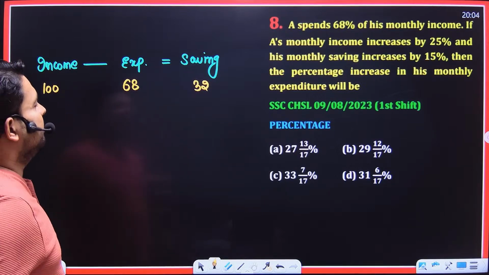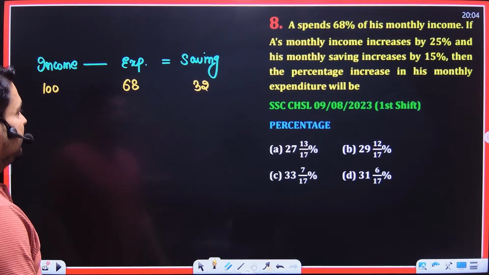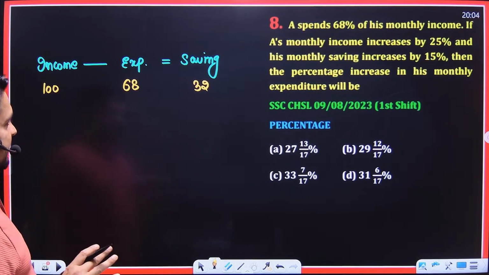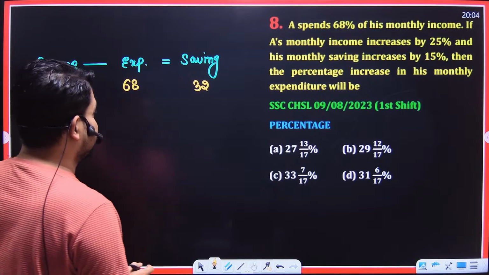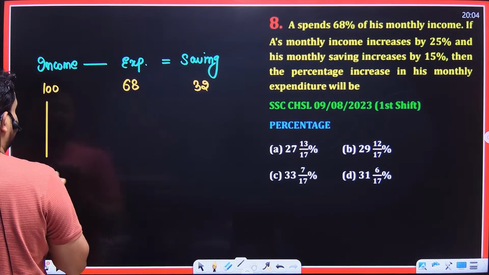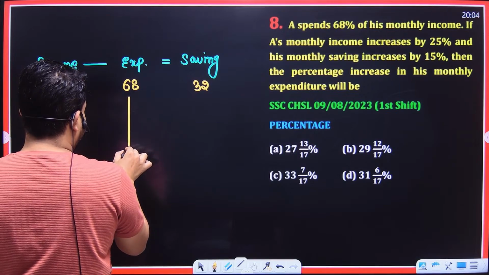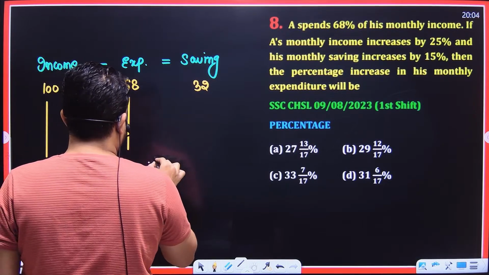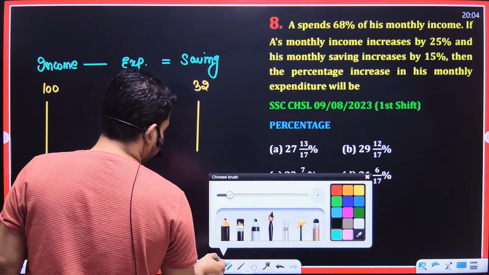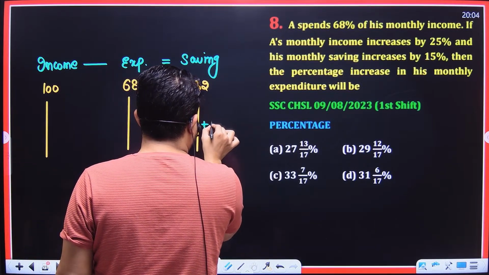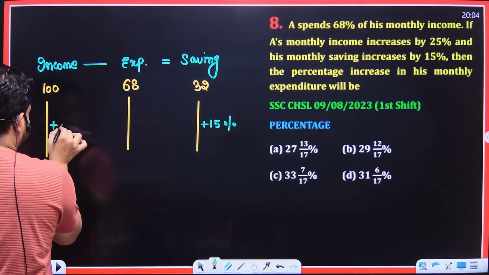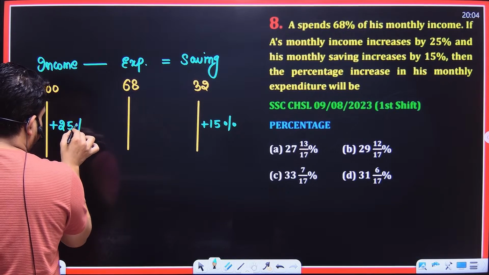If A's income increases by 25% and his monthly saving increases by 15%, then the percentage increase in his monthly expenditure will be. See, his income is increasing, expenditure is also increasing, and saving is also increasing. So plus 15% is the increment in his saving, plus 25% is the increment in his income.